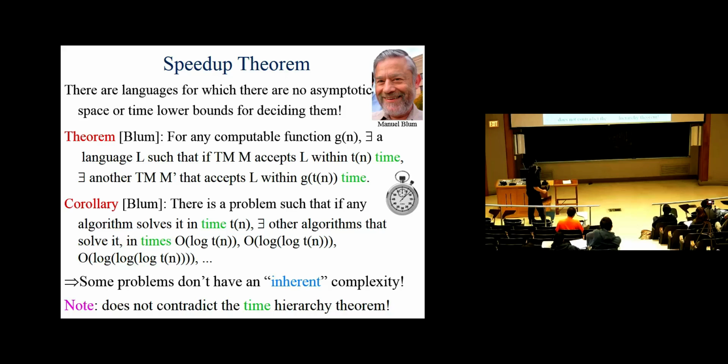Okay? But again, the trick here that makes it possible is that these languages are very esoteric and hard to describe, and usually you construct them by diagonalization, and this time bound is not necessarily computable in itself. That's the catch.